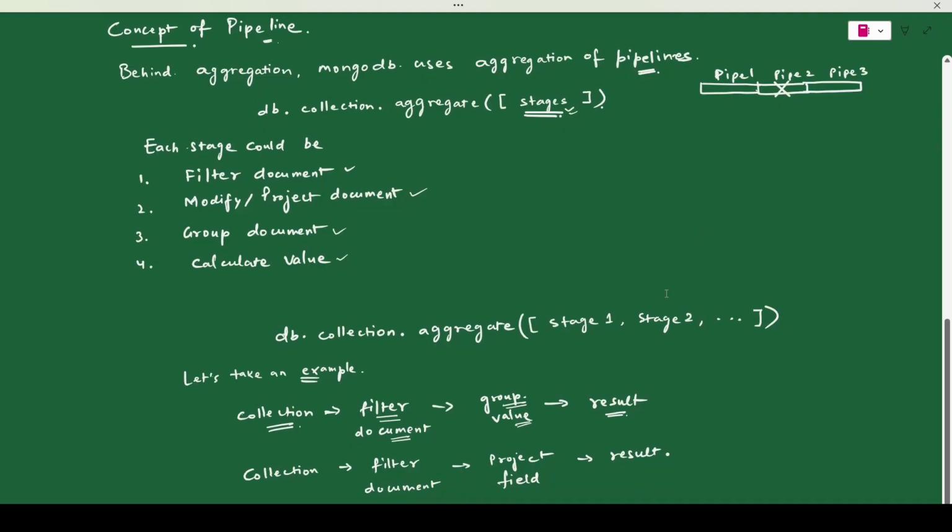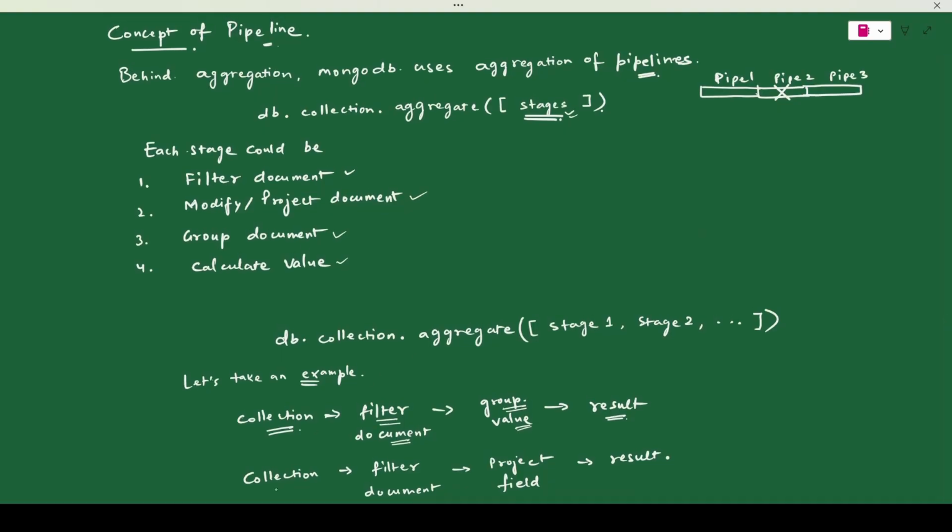Let's say we have another use case. We have this collection and we have the filter. First we filter out all the documents based on our condition, and we project our fields. Whatever fields we want in our result, we project them, and then we return the result after executing the query. This is how the pipeline works in action.